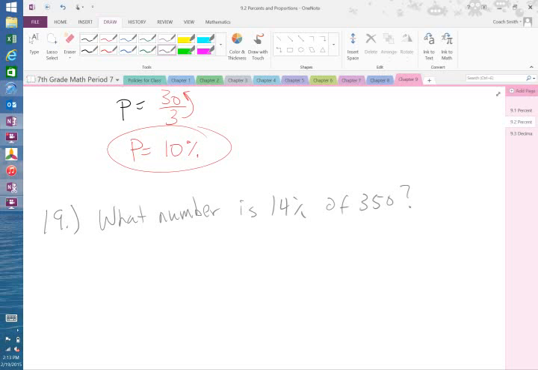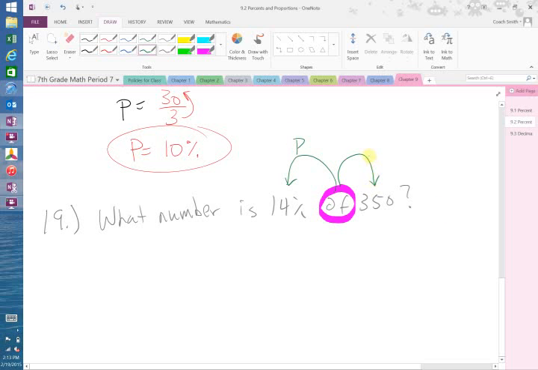What number is 14% of 350? The first step you do is circle the of. Circling the of lets me know that the P and the B are on the left and right of the of.